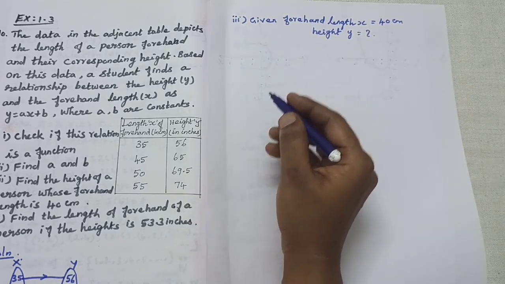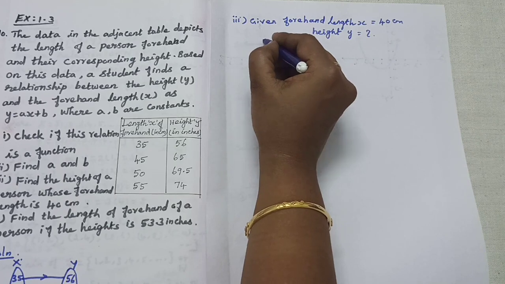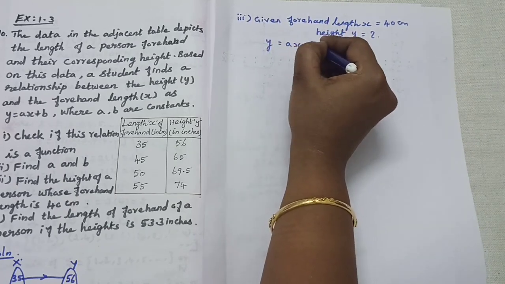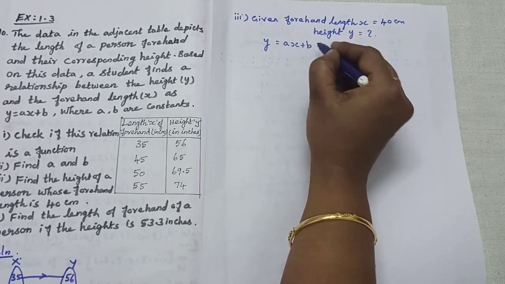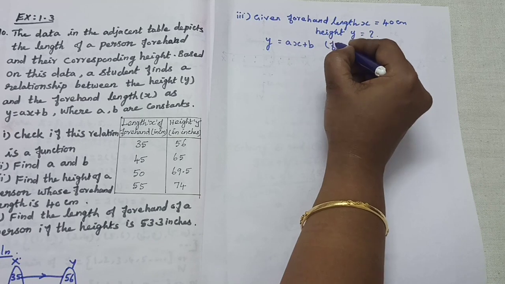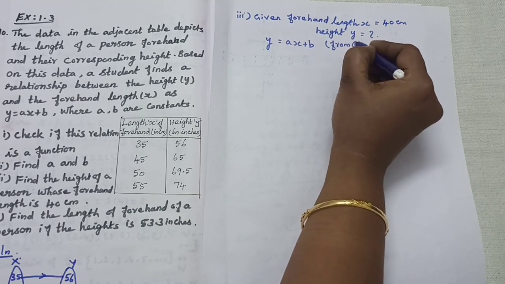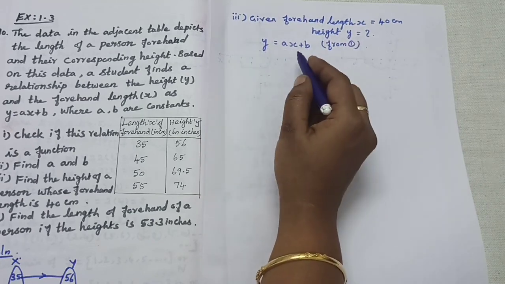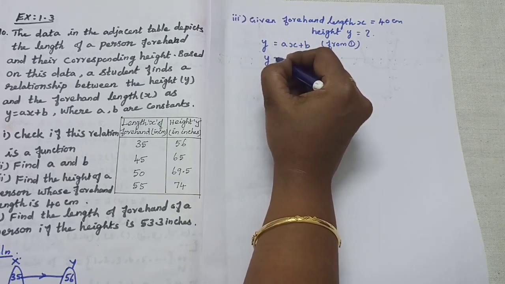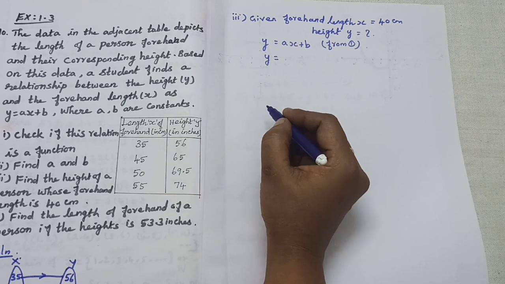Here one relation is given, isn't it? y is equal to ax plus b is given. From the first part, we have written this: y is equal to ax plus b. What's the value of a?